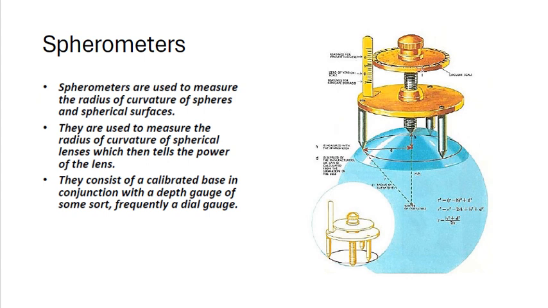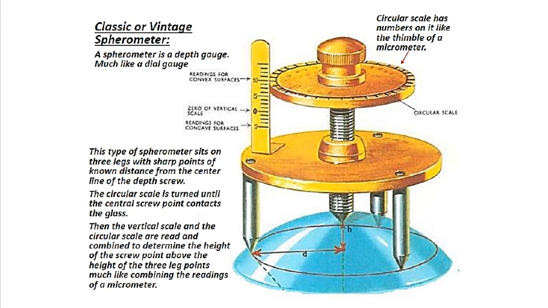You have your dial gauge, you have a base, and you measure anything that is a sphere. Of course a lens is an example, because that's what we're gonna use in the lab. The spherometer is just like your dial gauge, which we already use in the lab. Basically it's for measuring the depth, so we can also call the spherometer a depth gauge.